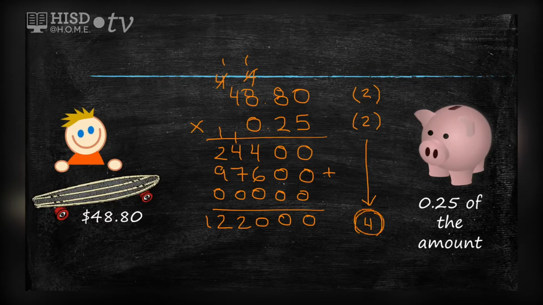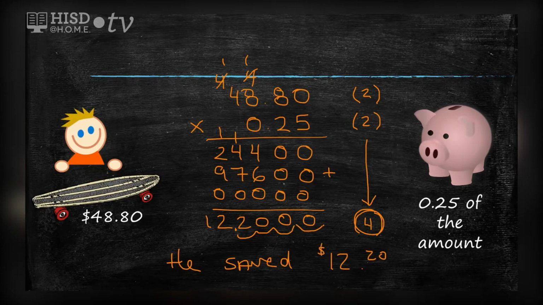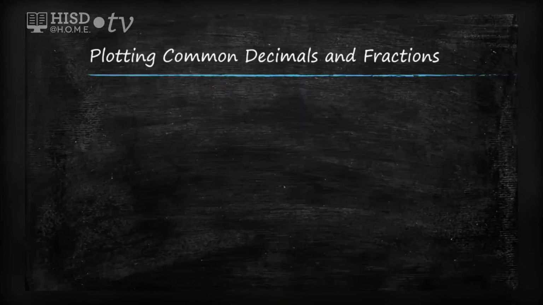So I'm gonna go from here 1 space, 2, 3, and my decimal is going to be right here. So when they ask me how much money has he saved, I can say that he saved $12.20, and that's gonna be the answer for this problem.